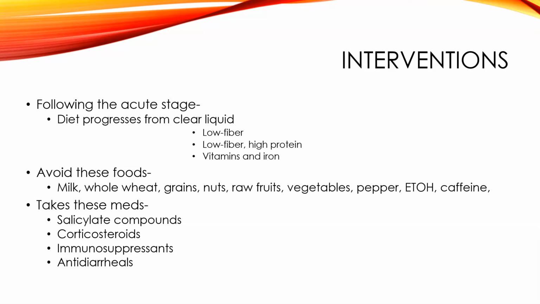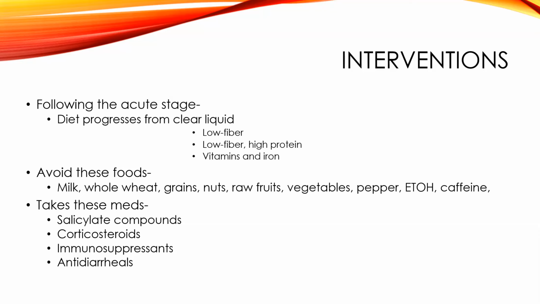You're definitely going to avoid foods with milk. That tends to cause more mucus in the digestive tract. Avoid whole wheat, grains, nuts, raw fruits, and vegetables. Those are very hard to digest, so you're really just putting more pressure on the abdomen and more pain. Obviously they shouldn't drink caffeine because that makes them more dehydrated, and they're already getting dehydrated from the amount of diarrhea that they're having.